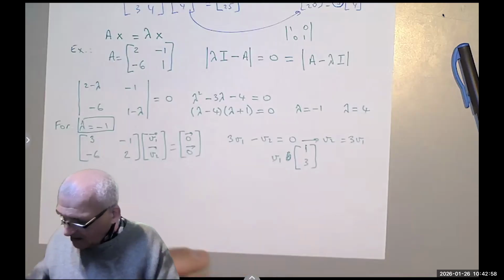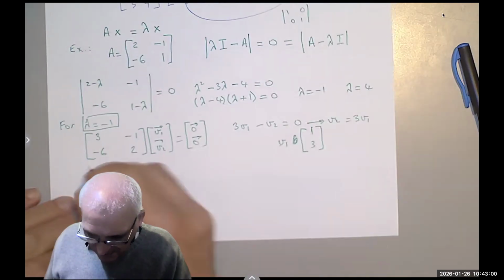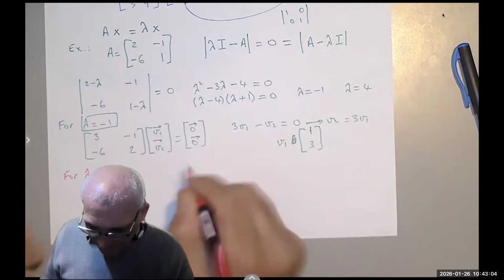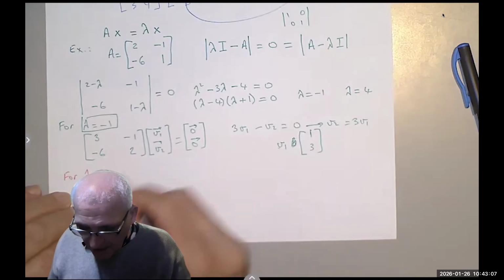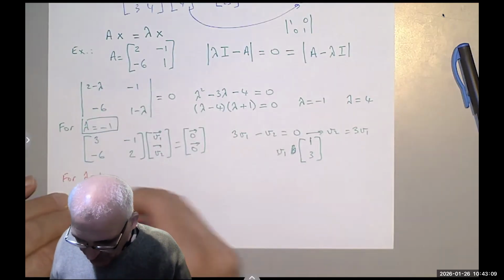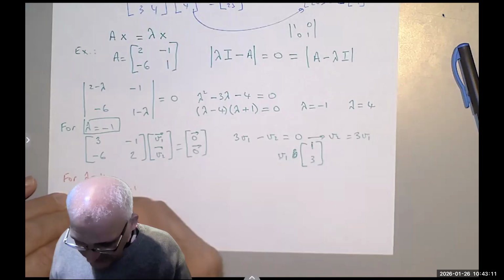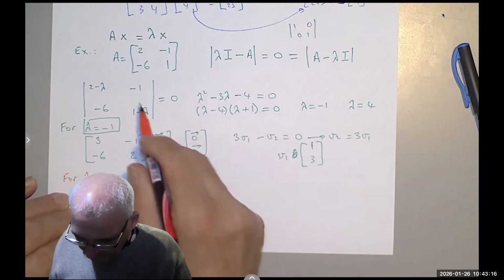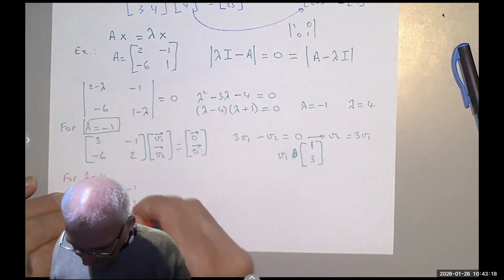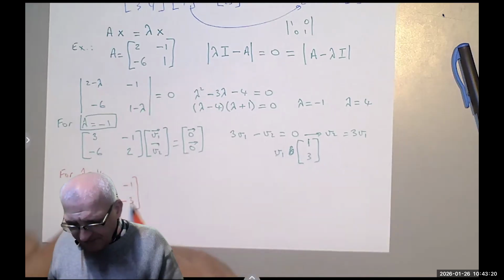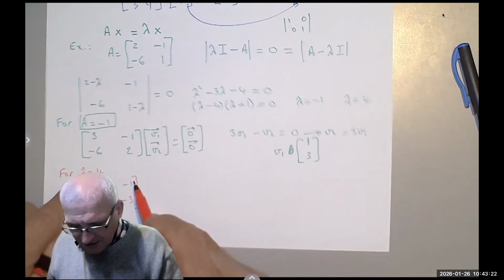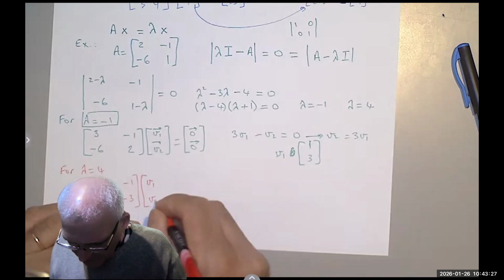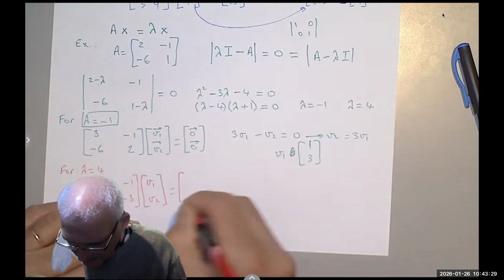Now, let's say for lambda equals 4. 2 minus 4 is -2, -1, -6, and 1 minus 4 is -3. Likewise, if I divide the bottom by 3, I get the top. So it's basically one equation, V1, V2 equals 0, 0.